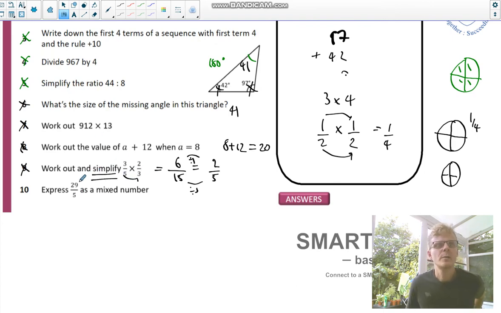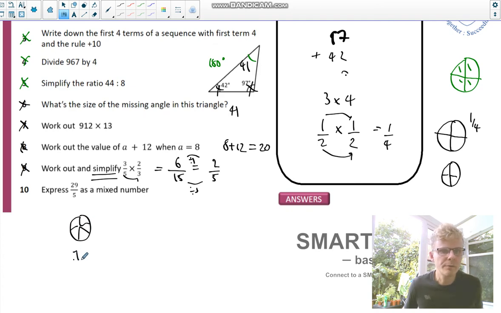Finally then, 29 fifths is a mixed number. So the first thing I want to do is, if I had in the circles, just keep my eye on the time, I don't want to run out of time, 29 fifths, so here's a whole, and in each whole, 2, 3, 4, 5, I will get 5 fifths, okay?